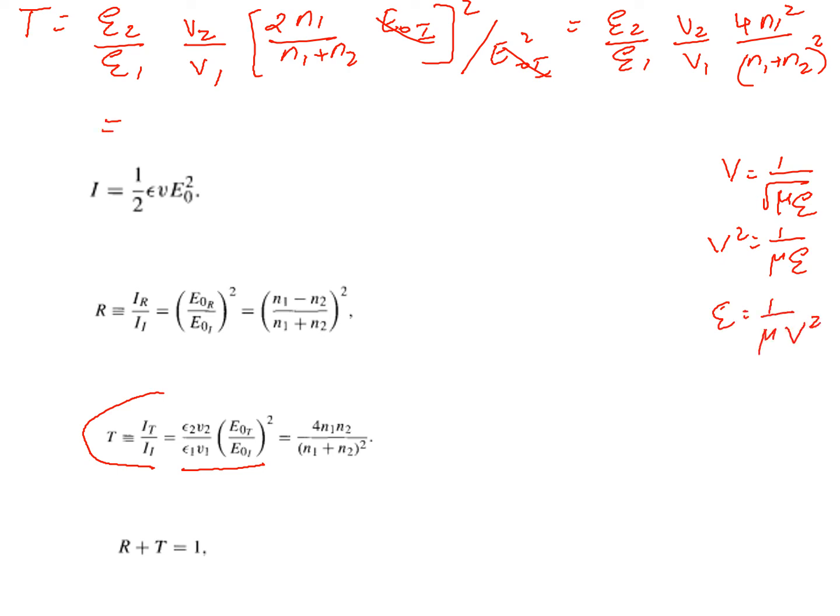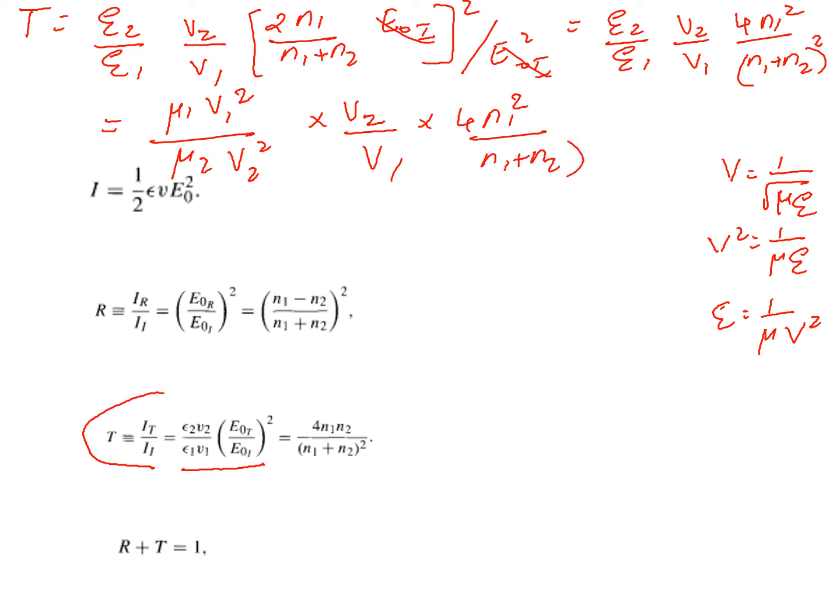So here, instead of epsilon 2 by epsilon 1, you can substitute mu 1 V1 square divided by mu 2 V2 square. Now there is a multiplication by V2 by V1. Then there is 4N1 square divided by N1 plus N2 square.